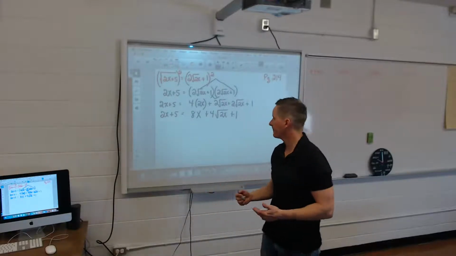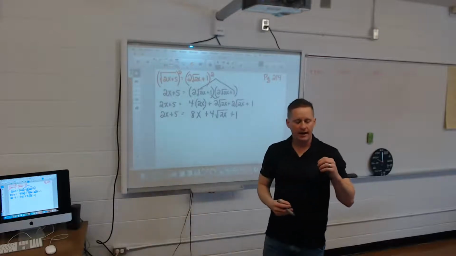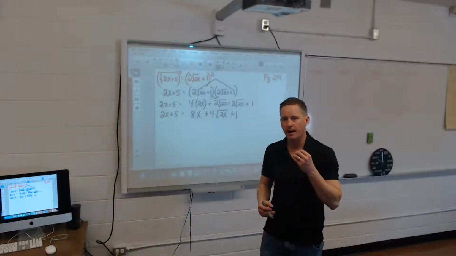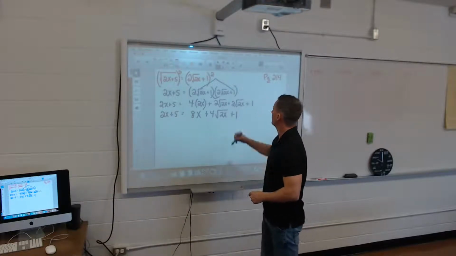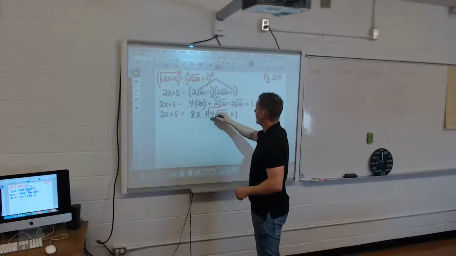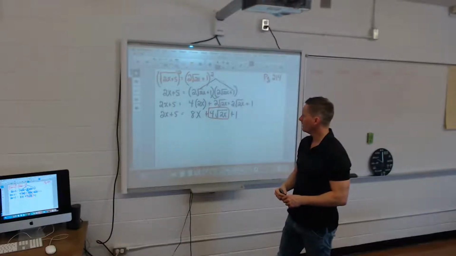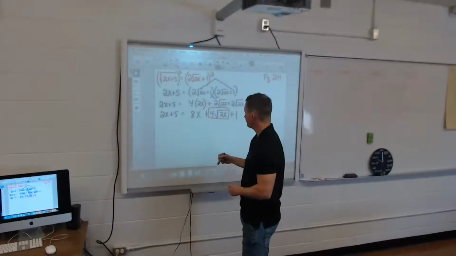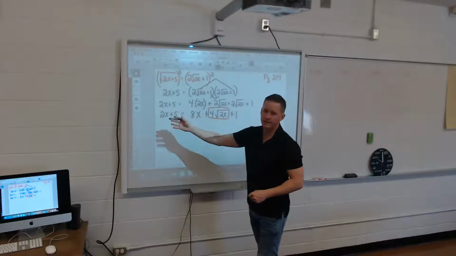Okay? So at this point, we're okay. We've done a little bit of work. Now I have to, again, solve this by isolating my rooted value. So my rooted value is that guy right there. I have to get it by itself. Okay? So to do that, I'm going to subtract 8x and subtract 1 to this side.